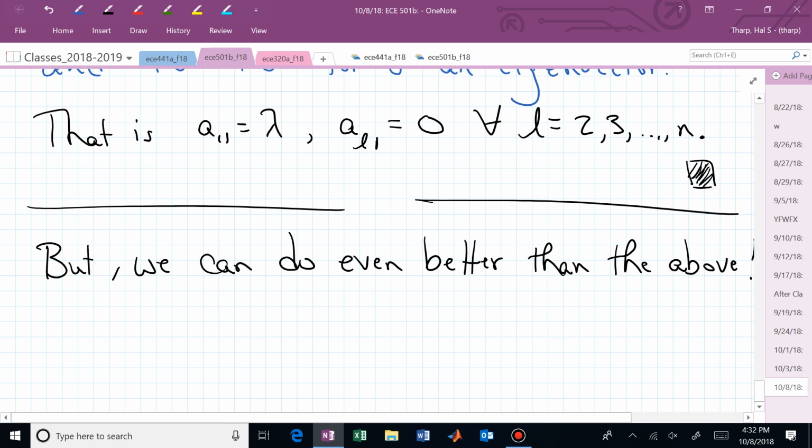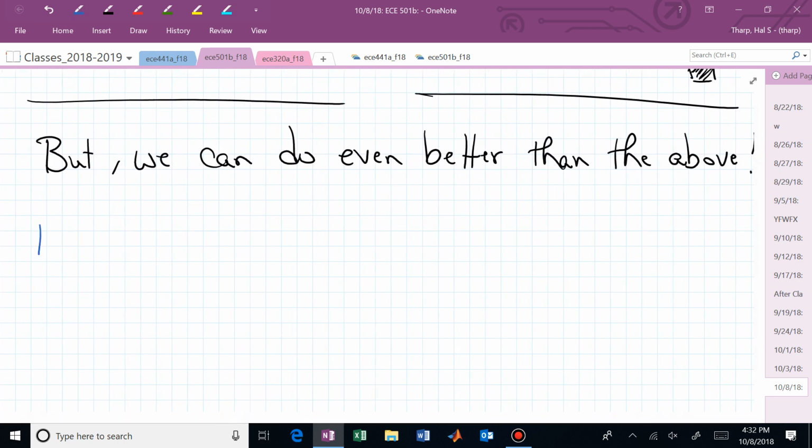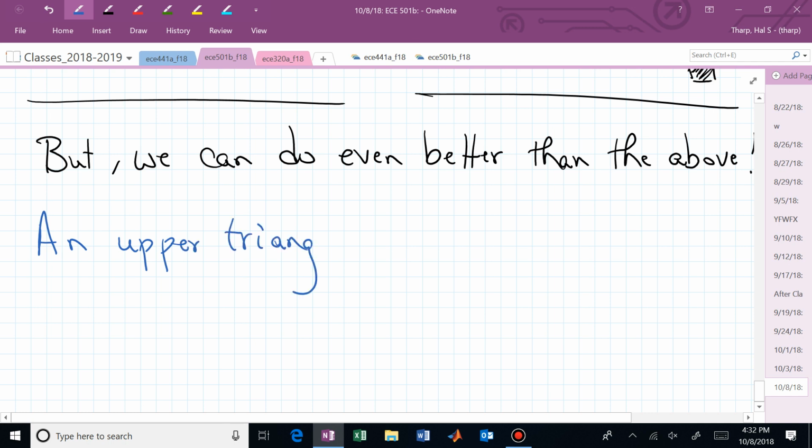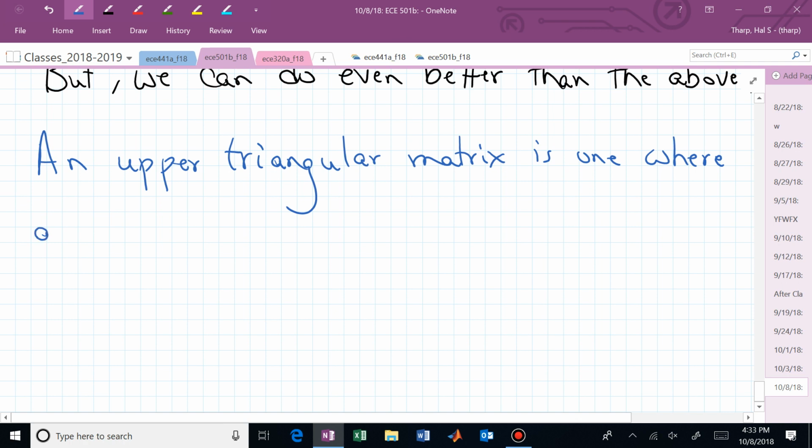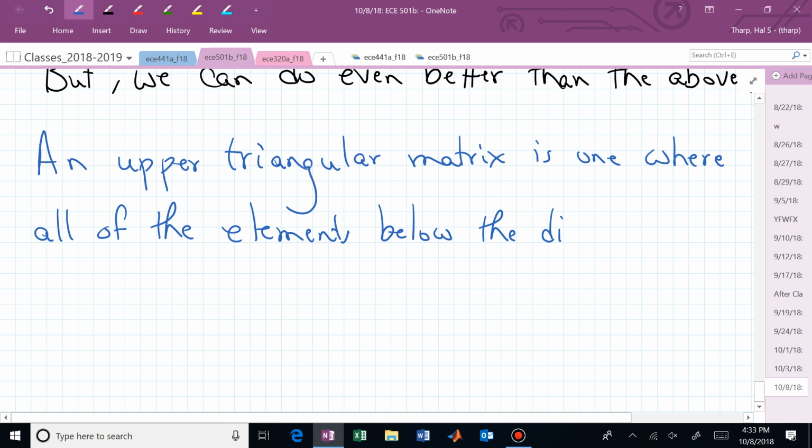In particular, an upper triangular matrix is what we're shooting for, and is one where all of the elements below the diagonal are 0.